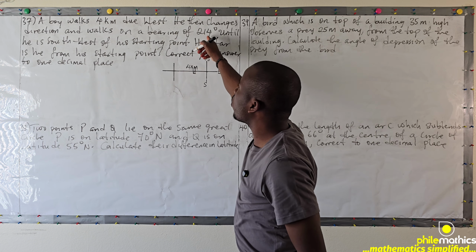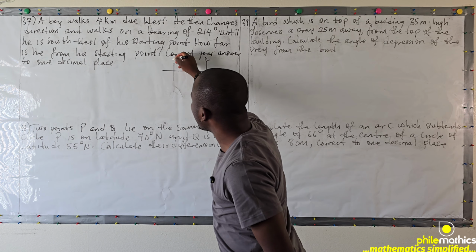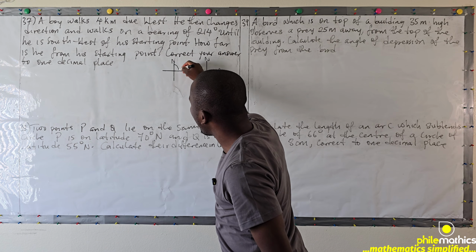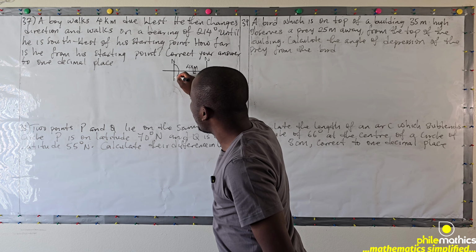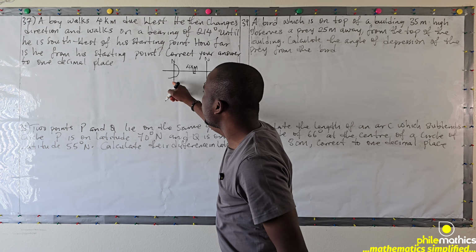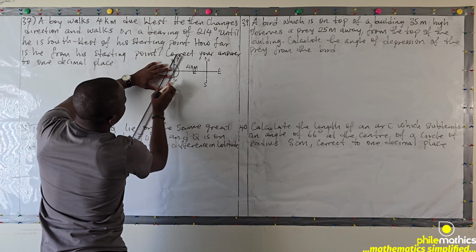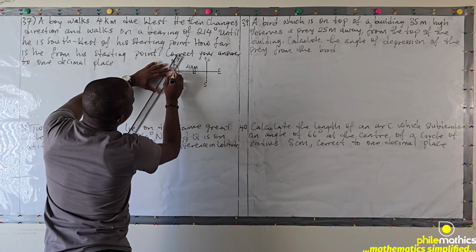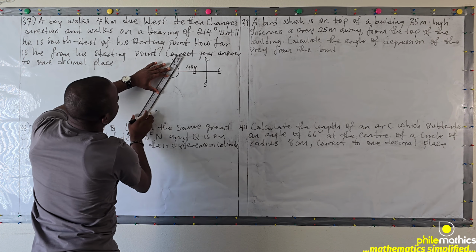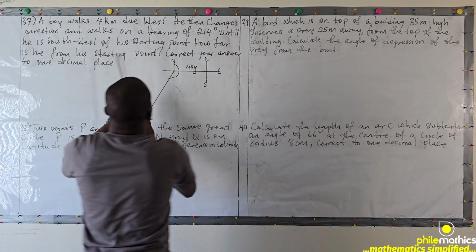You know we measure bearing from the North Pole. So this is 180. 214 degrees will be in between 180 and 270, so you have to draw it from here. And this is southwest of his starting point. So it means we are accurately correct.